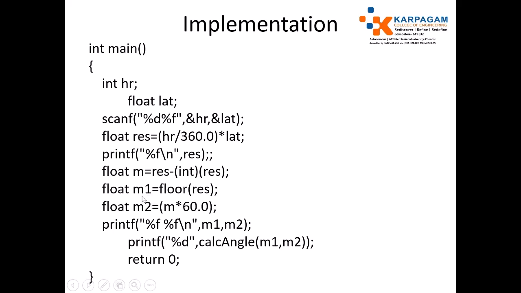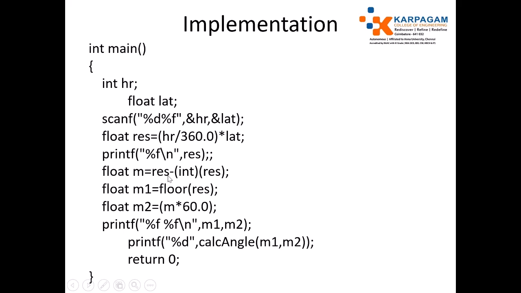So how to get the hour and minute value? To get the hour value, just use the floor of the result. The result will produce a decimal value 5.5. If you apply the floor function, you will get a whole number, so h will be 5. For getting the 0.5 decimal value, we apply the formula result minus integer of result.